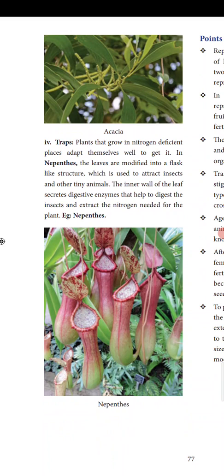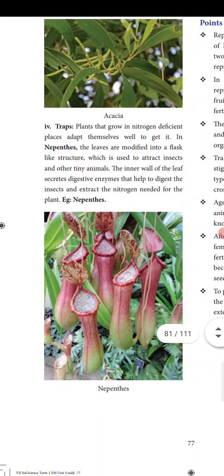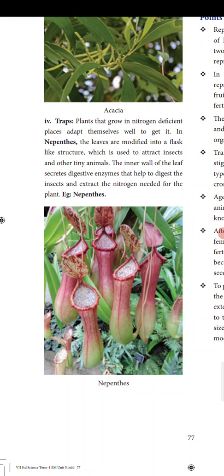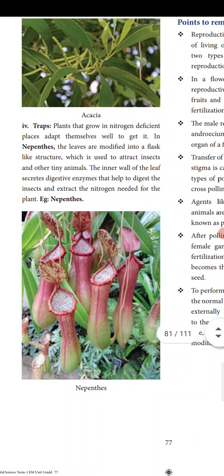The inner wall of the leaf digests the insects and extracts the nitrogen needed by the plant. Example, Nepenthes.